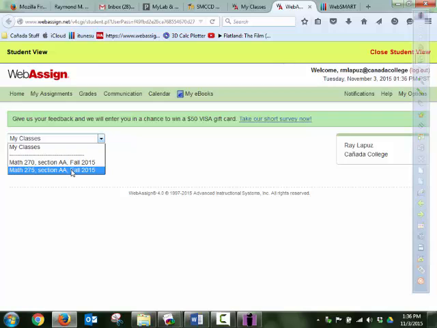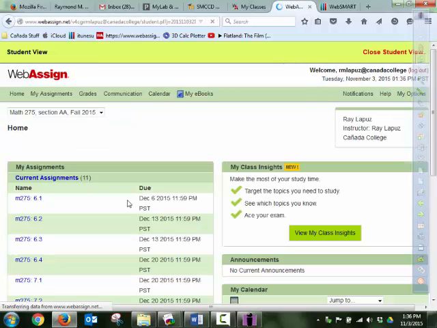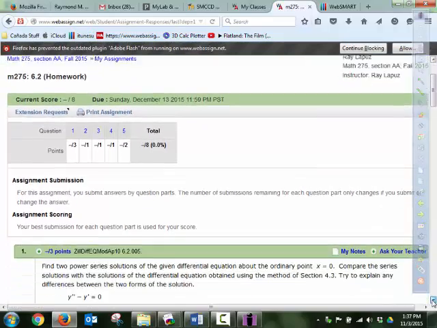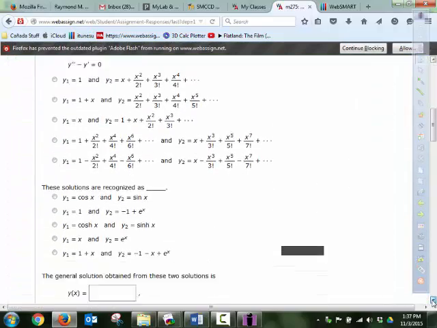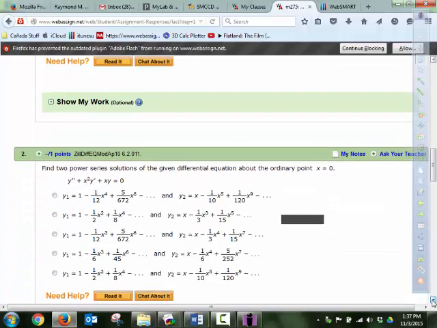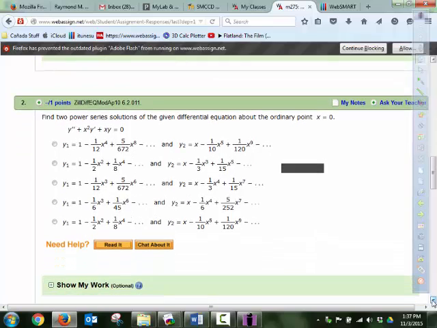This is differential equations, right? All right, let's do something like number 2 here, multiple choice.